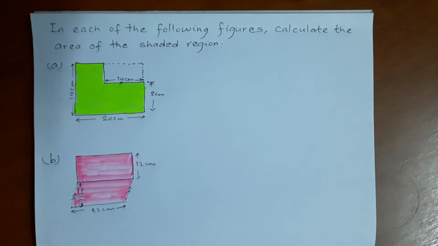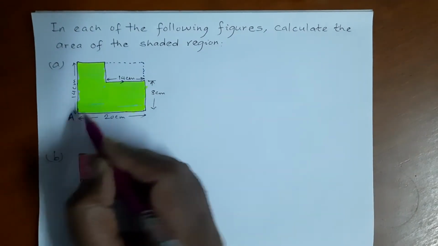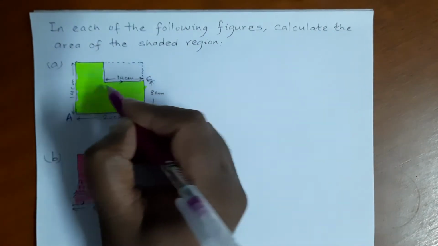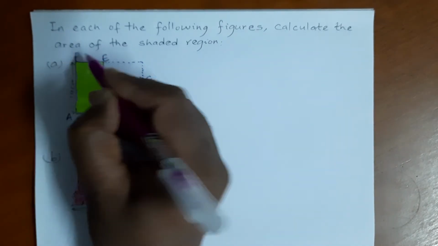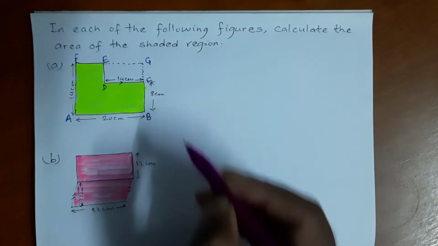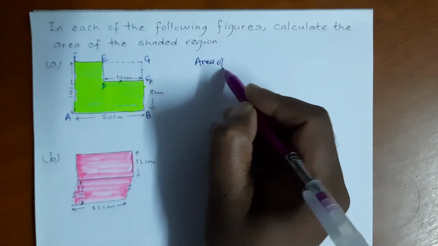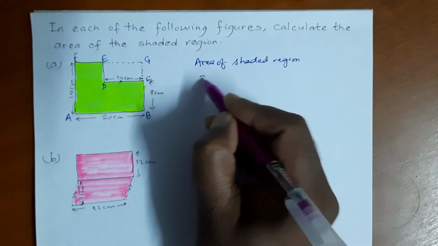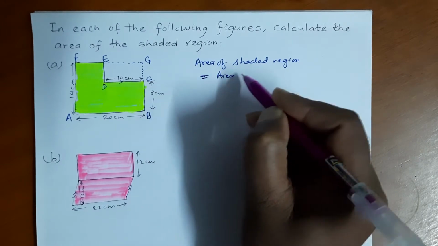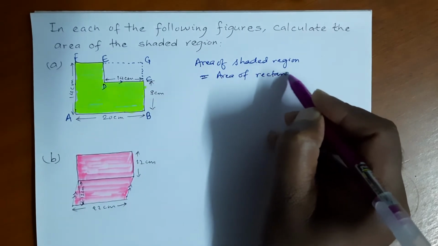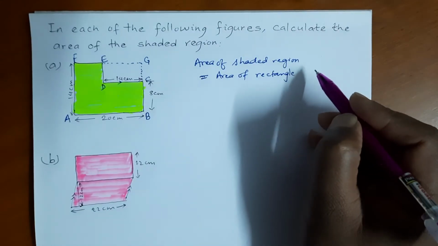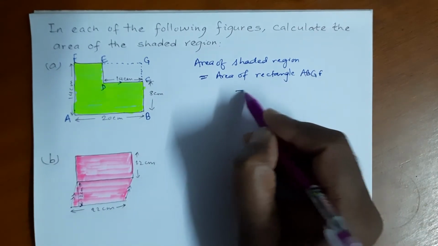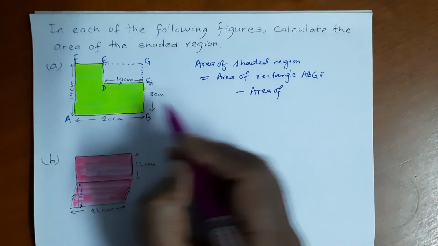Now you can name it A, B, this one is C, D, E, F, and here you can name it G. And now the area of the shaded region equals the area of this large rectangle ABGF minus the area of this unshaded rectangle.